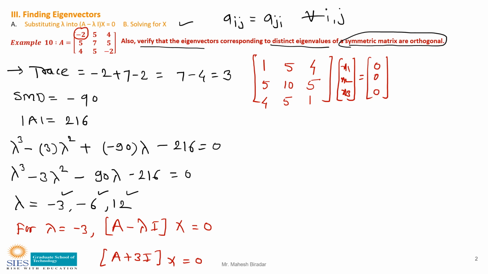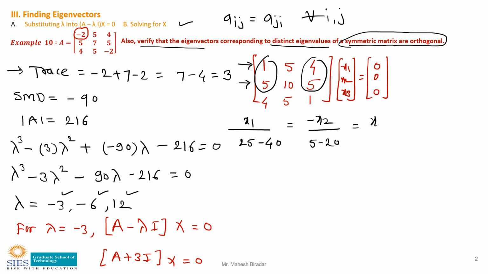Now no need to apply a row transformation here, or to reduce into reduced echelon form. No need to find the rank and all. Just select any two distinct equations and use Cramer's rule. So x1 divided by, if you use Cramer's rule, 25 minus 40, negative x2 divided by the determinant of these elements, which is 5 minus 20, and x3 divided by 10 minus 25 is equal to k.